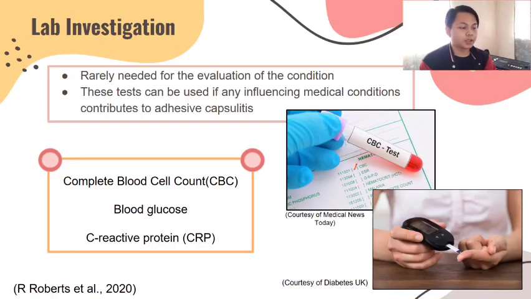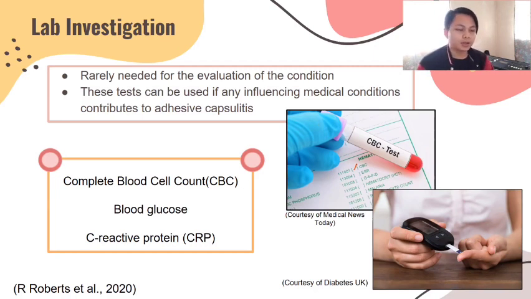So for lab investigation, it is really needed for the evaluation and assessment of the condition of adhesive capsulitis, and to add things up, if there are any influencing medical conditions that lead to adhesive capsulitis, this test can be used to determine if there is an effect of the influencing condition towards the frozen shoulder.